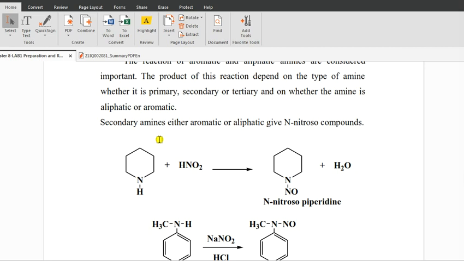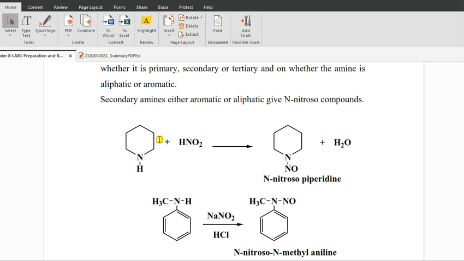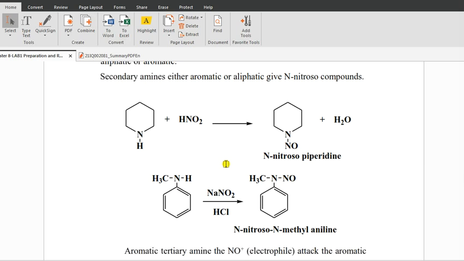As we see in the mechanism, the secondary amines, either aromatic or aliphatic, will give N-nitroso compounds, like this example of the reaction between piperidine and nitrous acid, which will give N-nitroso piperidine. And the mechanism is what we just saw for the secondary amines.